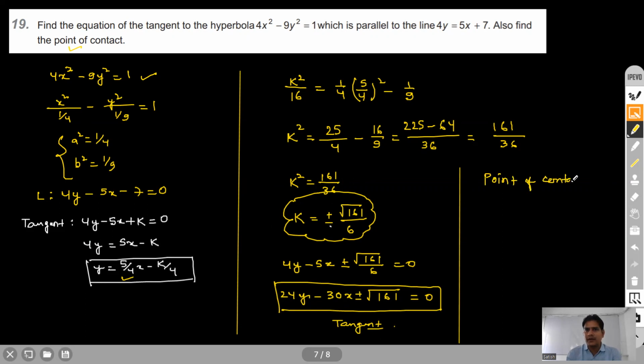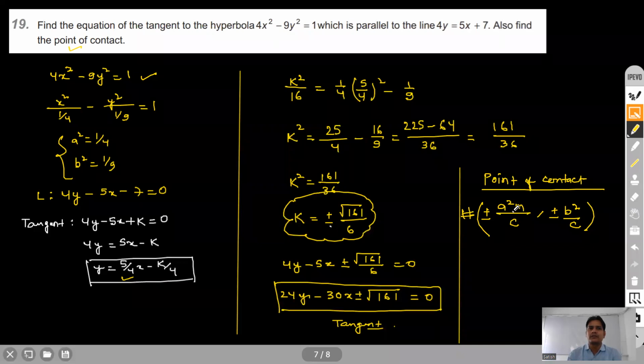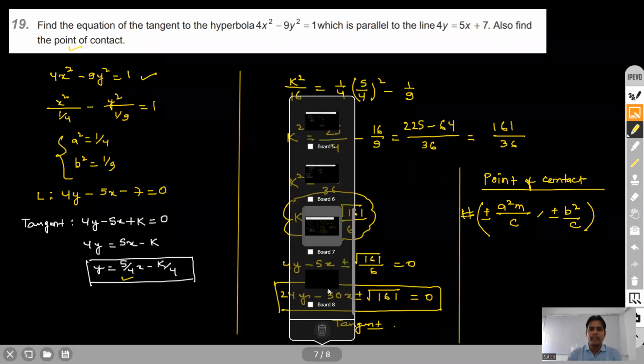Our point of contact comes out to be a²m/c with plus minus sign, and our y coordinate comes out to be b²/c. So you can solve both the equations, or you can simply apply this formula and you can have the point of contact, right?